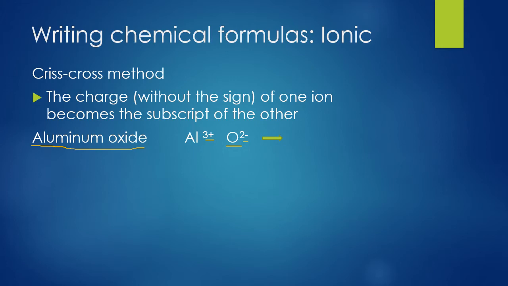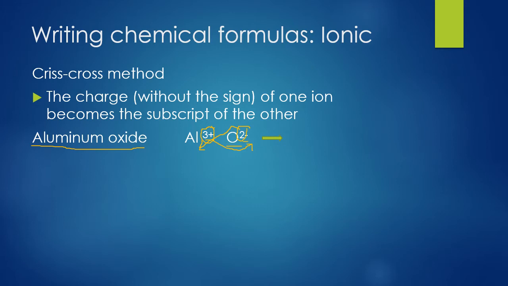So how does this work? Well, you take the number, so this +3 on aluminum, and that 3 is going to become a subscript on oxygen. The 2 on oxygen, not the charge, just the number, is going to become a subscript after aluminum. So we're crisscrossing those numbers.